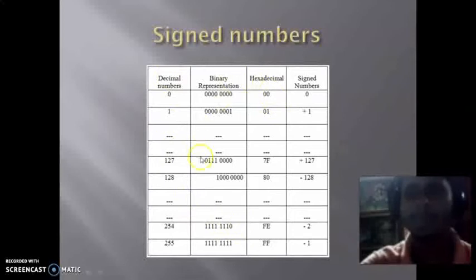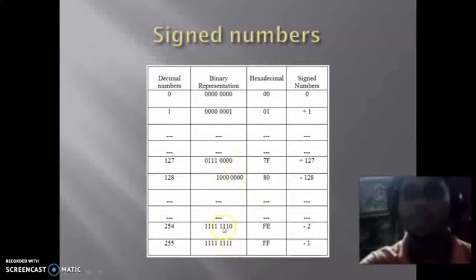In this diagram we are seeing that 0 to 127 is the range of positive numbers, and every time we get the MSB as 0. For the negative numbers, from 128 to -1, every time the MSB is set as 1.